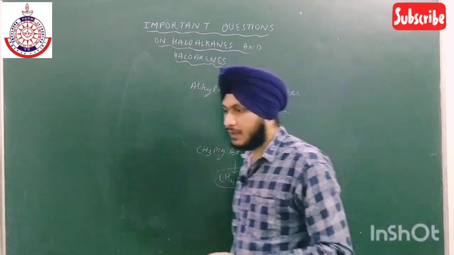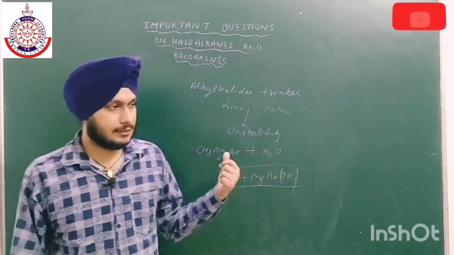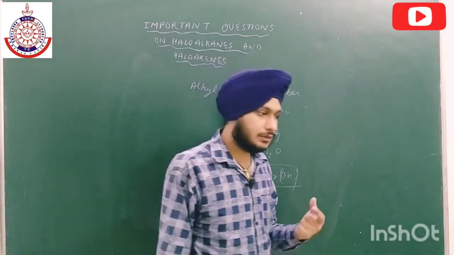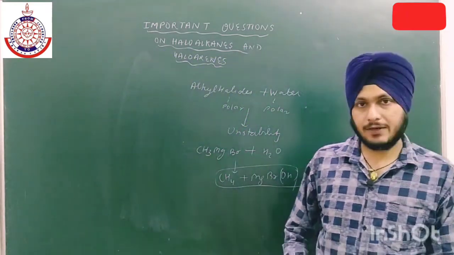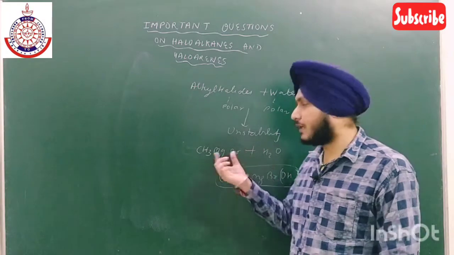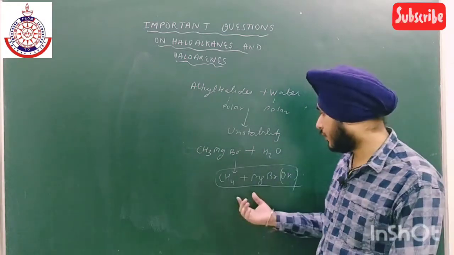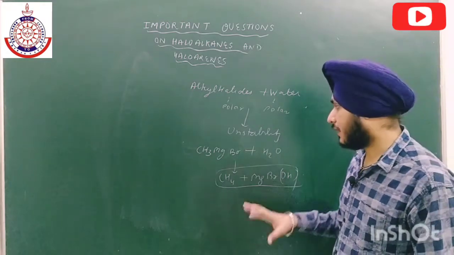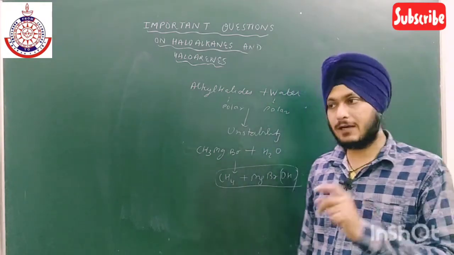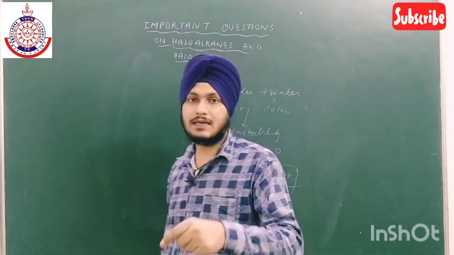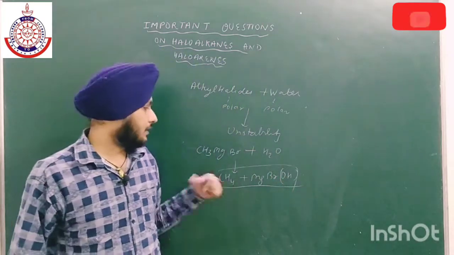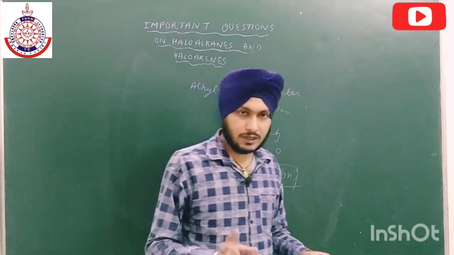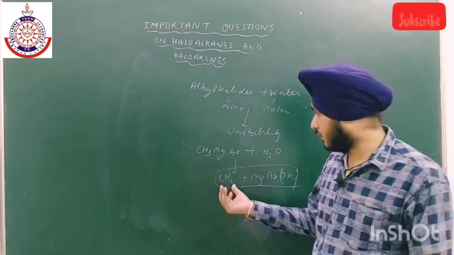So when we are preparing the Grignard reagent, we have to use dry ether because dry ether is inert. It will not allow water to react with the Grignard reagent and will prevent the formation of hydrocarbon. If we are not using dry ether, then Grignard reagent can be easily converted into hydrocarbon. Grignard reagent can also react with alcohol to form hydrocarbon.